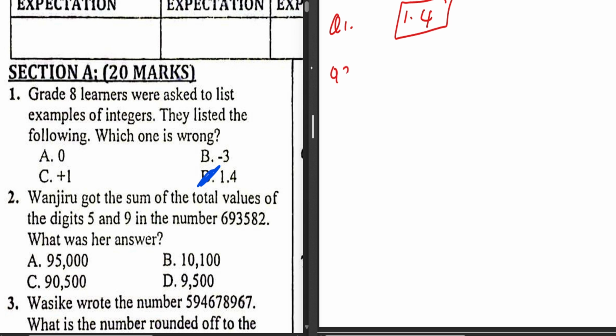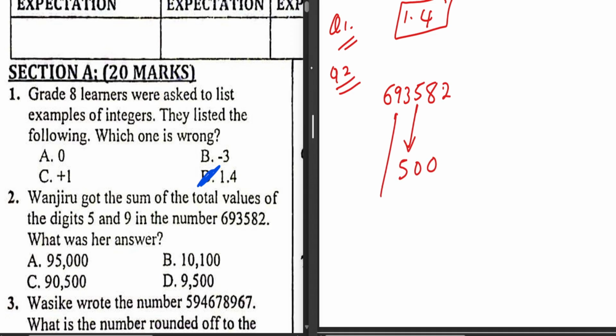Question 2. Wanjiru got the sum of the total values of the digits 5 and 9 in the number 93,582. Let's search for the total value of 5, which is 500.